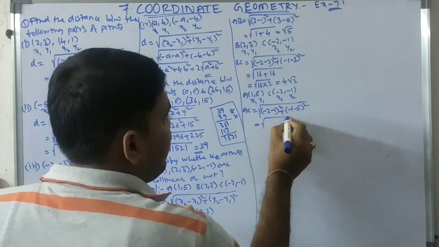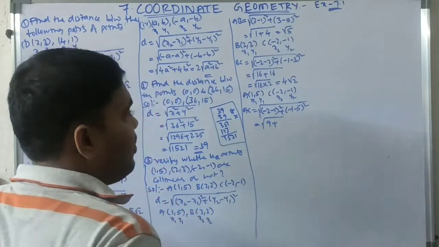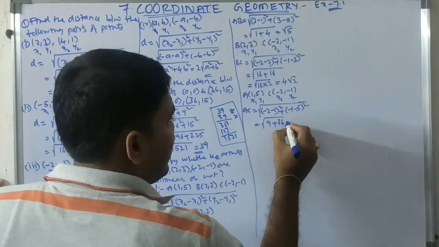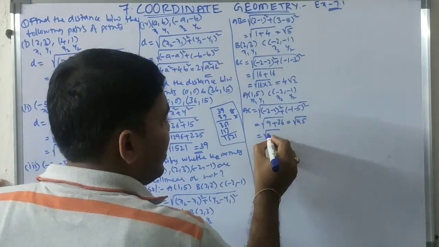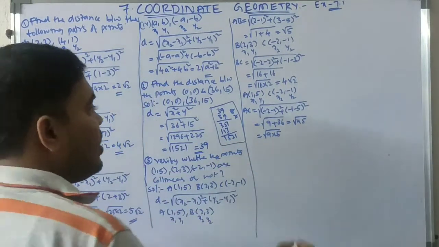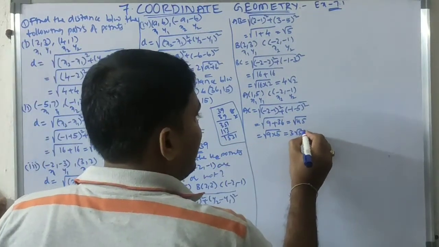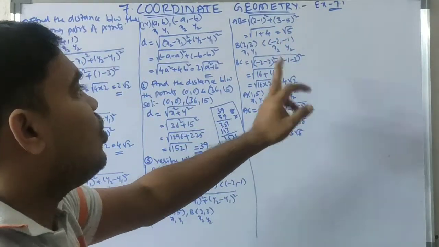Minus 2 minus 1 is minus 3, square 9. Minus 1 minus 5 is minus 6, square 36. 9 plus 36, root 45. I want to write 9 into 5, 45 equal to. So bringing 9 outside of root, 3 root 5. So this is root 5, this is 3 root 5, this is 4 root 2.